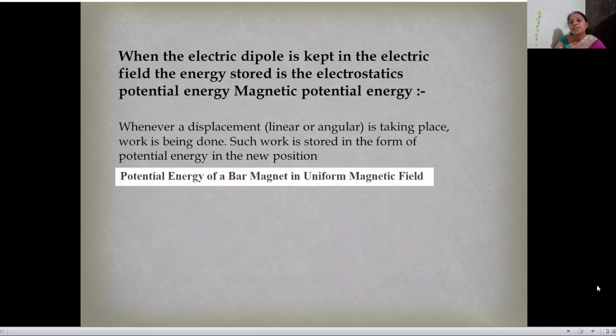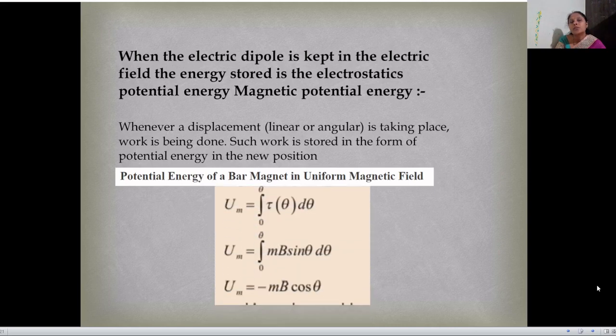The potential energy of a bar magnet in a uniform magnetic field is taken as U = integration 0 to θ of torque dθ. Therefore, U = integration 0 to θ of mB sin θ dθ, and the integration of sin θ is minus cos θ.